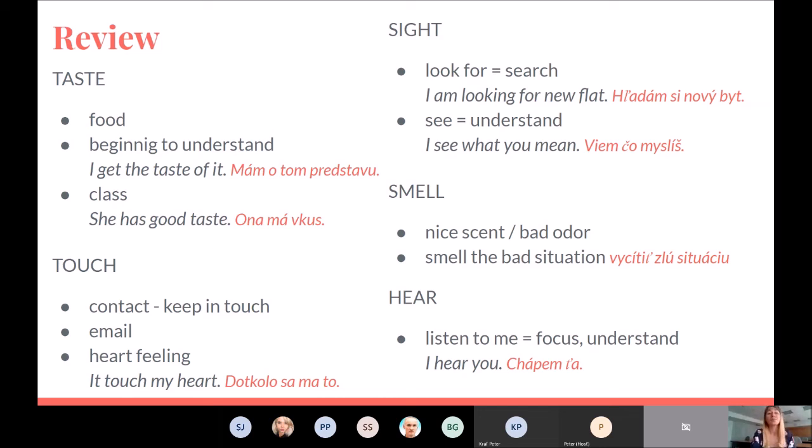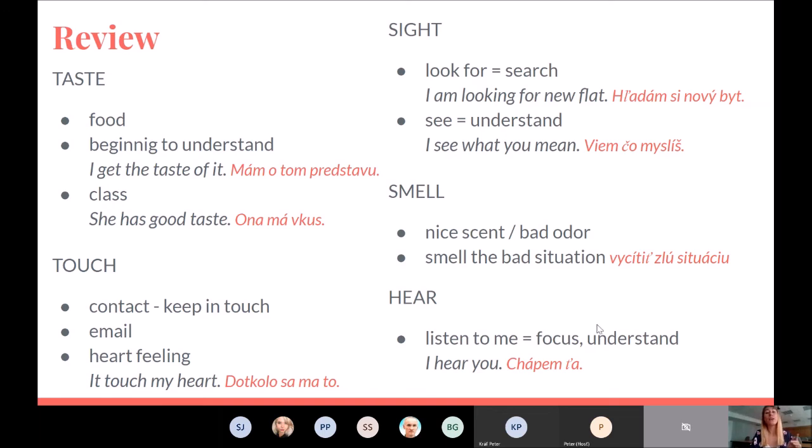about your class. If we talk about touch, we just simply make a contact, but you can very often hear the phrase keep in touch. So for example, at the end of your email, you can say, let's keep in touch via email or personally, keep in touch.